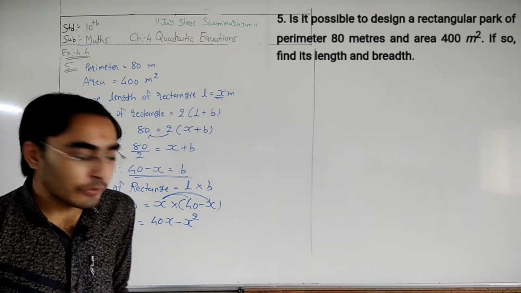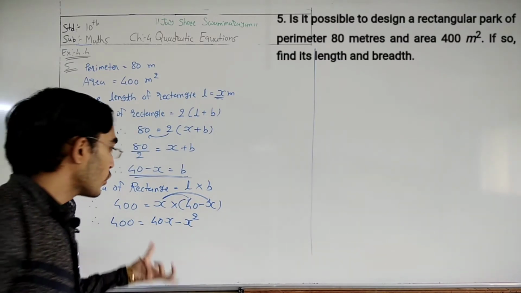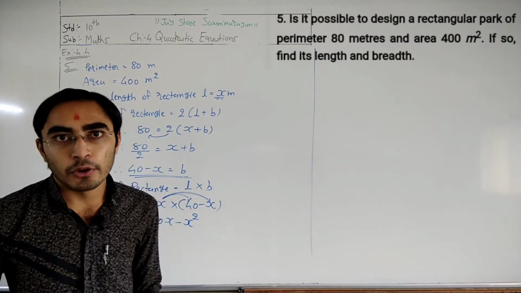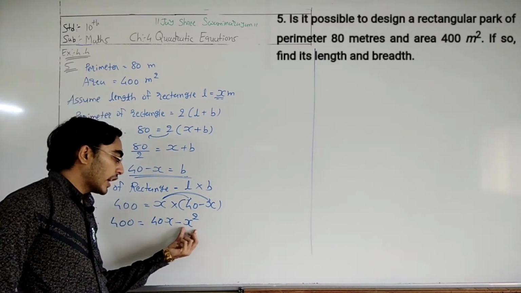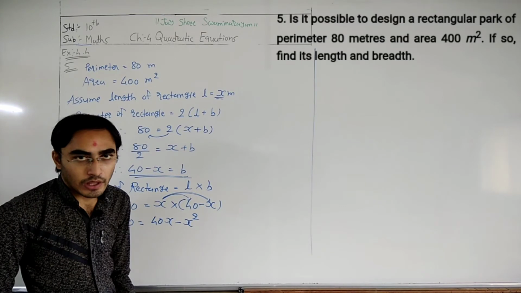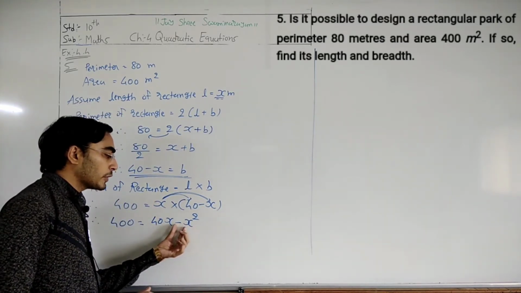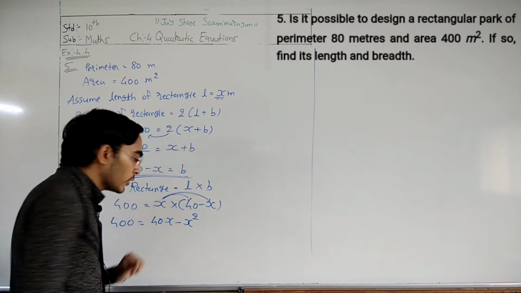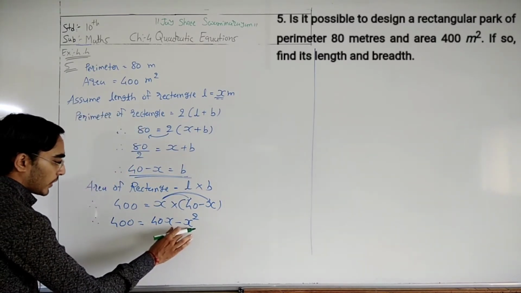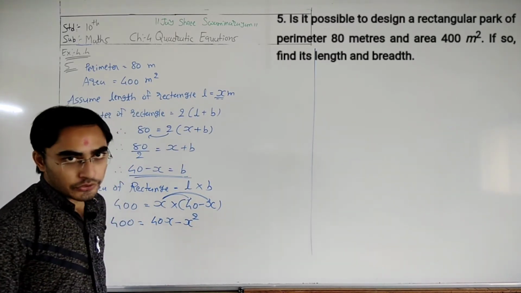Now we need to transfer all these terms to the same side of the equality sign, and we want x square with a positive sign. Here x square has a negative sign, so we need to transfer x square to the left hand side, and it becomes plus.